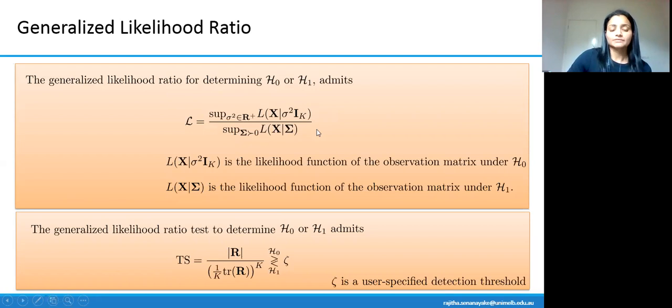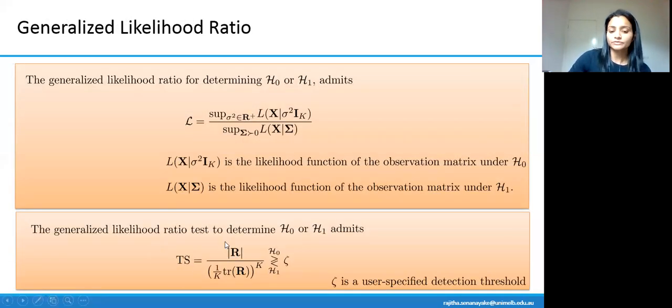So this defines my generalized likelihood ratio. By maximizing these two likelihoods over the unknown parameters, I can come up with a test criterion like this. This is my generalized likelihood ratio test statistic for the sphericity test. So under the sphericity test, what we are really doing is, based on the received signal, we calculate the value of this test statistic.